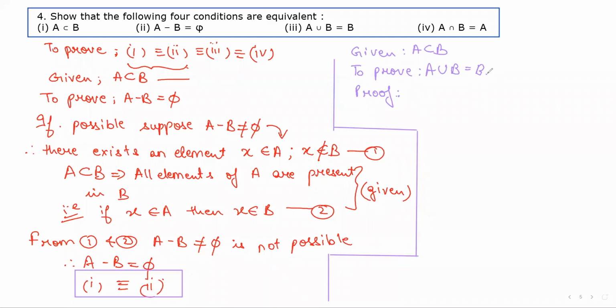A union B is equal to B. Let's see if you can prove that it is a subset or not.